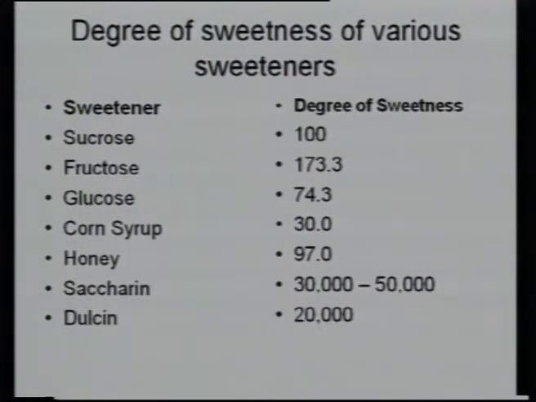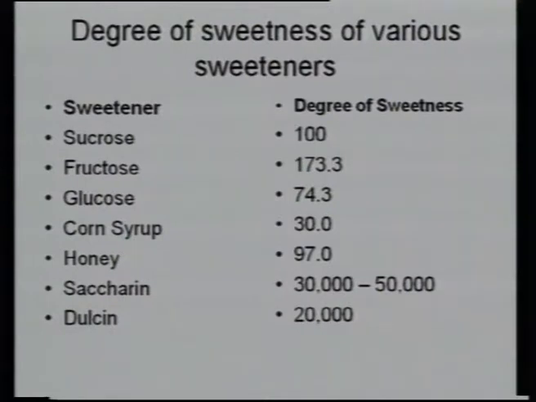Now particularly the sweetness level is important in these types of oligosaccharides. In fruit and vegetables, which is our concern in this course, mainly monosaccharides and disaccharides are present. So what is the sweetness level? For comparison, the sweetness of sugar is kept as 100, and then we have given a table.